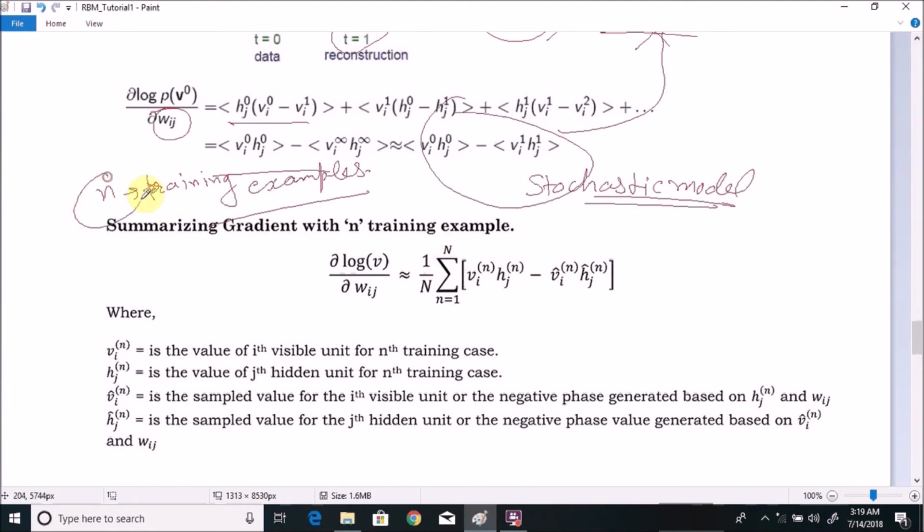So for n training cases, this derivative will be equal to the average of the summation of this difference.